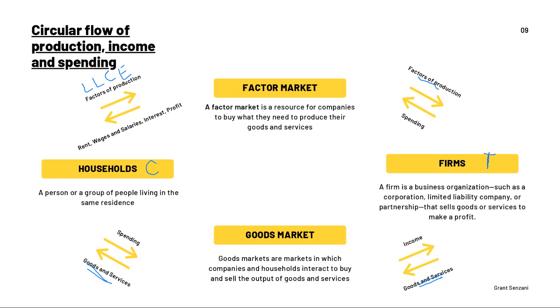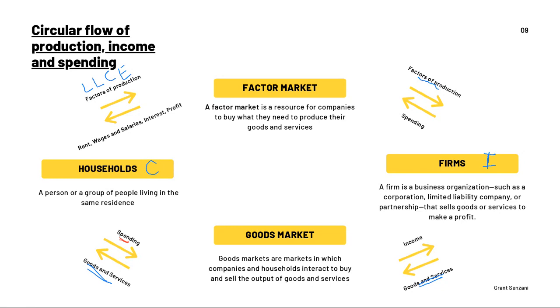Right now, that is the income cycle. Let's talk about the spending cycle. I'll use a different color to denote this. Households spend on goods and services.